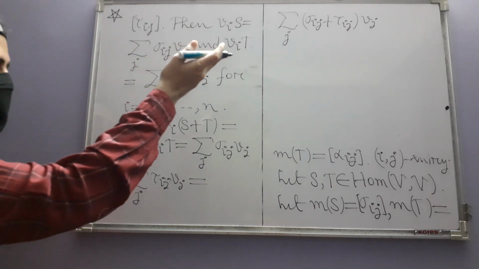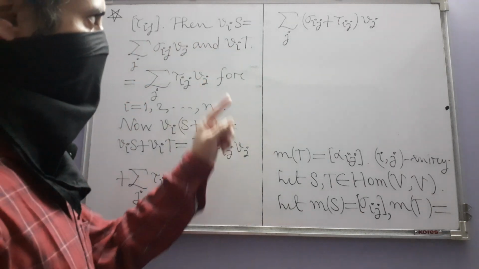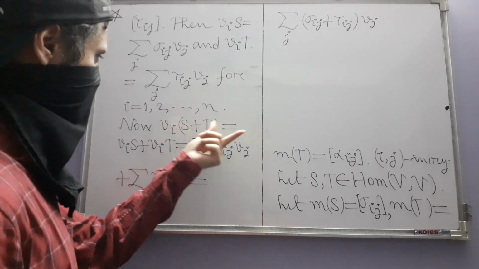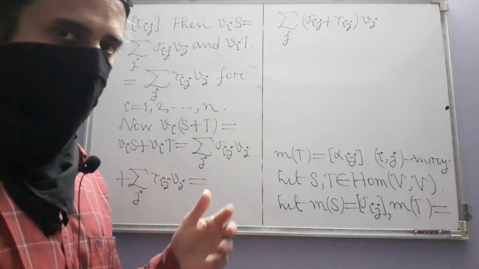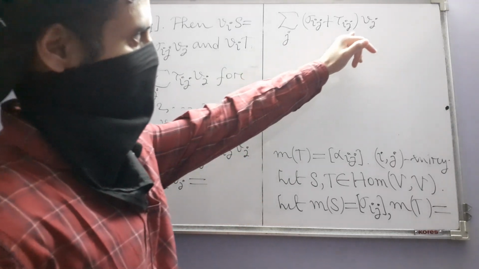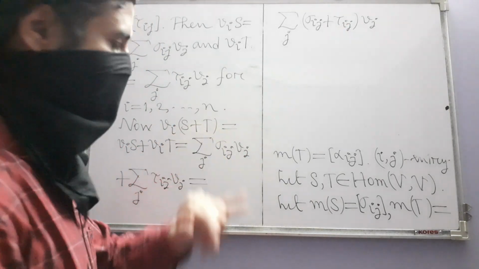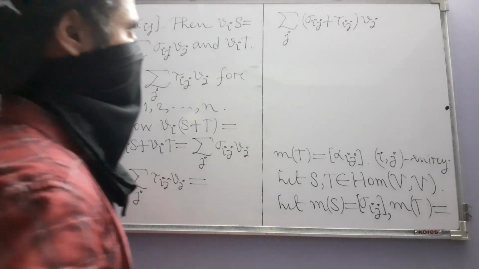And that final expression is actually a linear combination of the basis elements for Vi (S plus T).